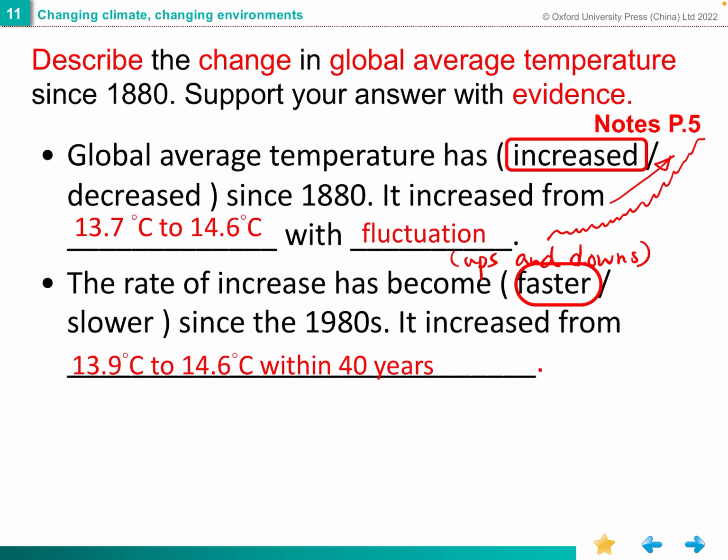It increased from 13.9 degrees Celsius to 14.6 degrees Celsius within 40 years. That means it's by 0.7 degrees Celsius in just 40 years. It increased much more than in the past.